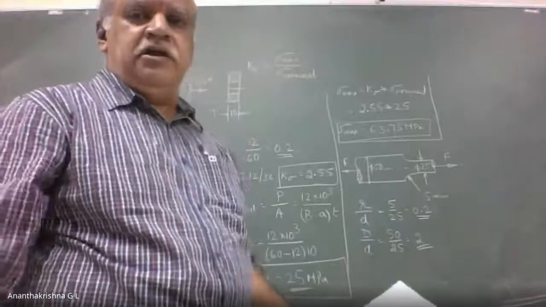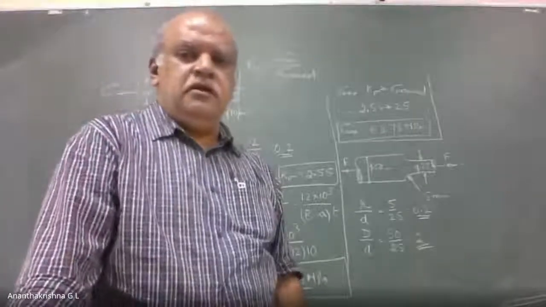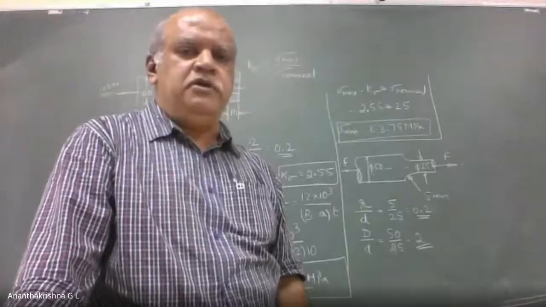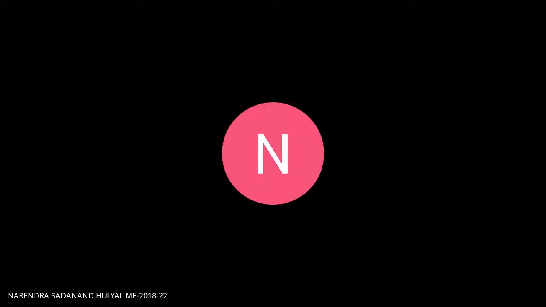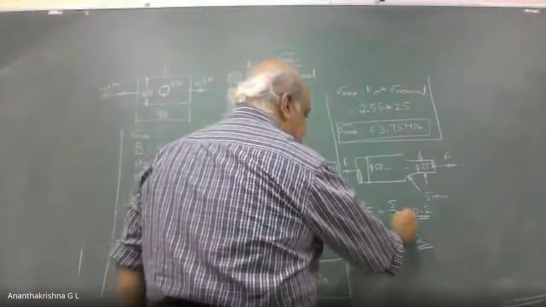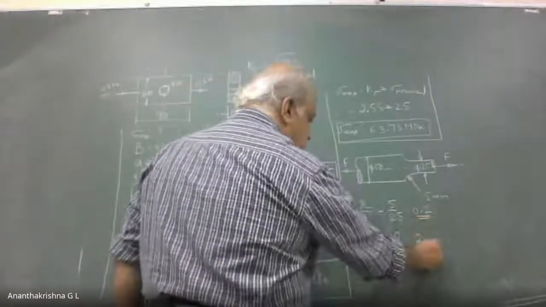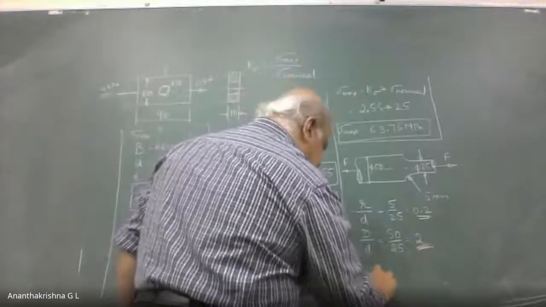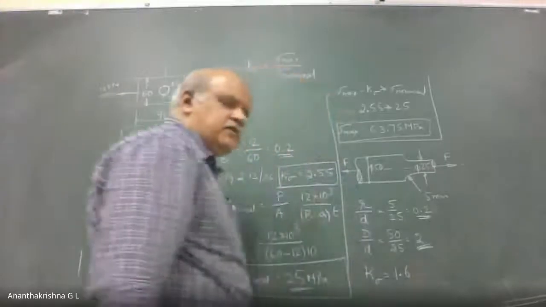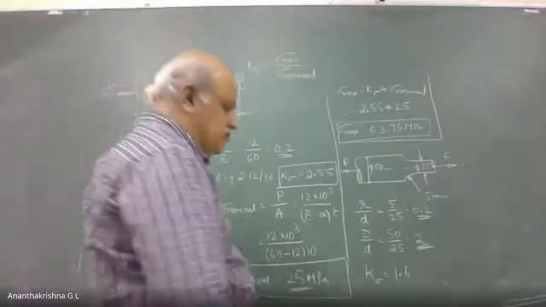Any doubt in this? Are you with the data handbook? Okay. So for r by d of 0.2 and D by d of 2, the value of K sigma is equal to 1 point, Tarun, is it 64 or 65? 64, 65, sir.